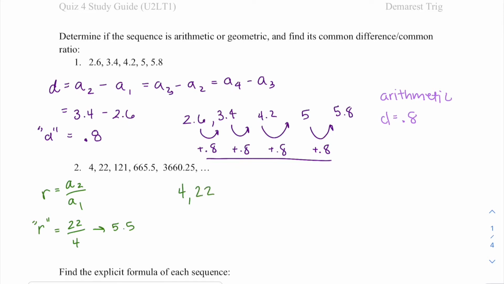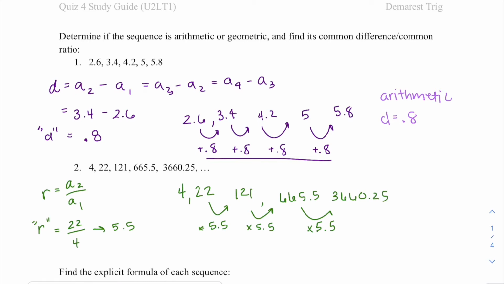I know it goes 4, 22. 22 times 5.5 is 121. 121 times 5.5 is 665.5. I do it again. And yes, indeed, this checks out.